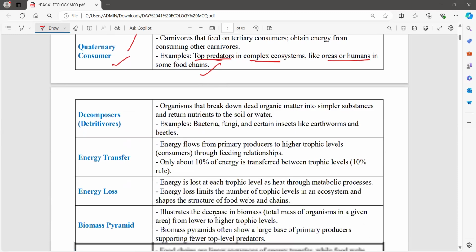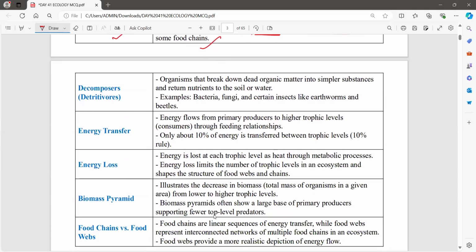Now, who is the decomposer? Just tell me the difference between decomposers and detritivores.